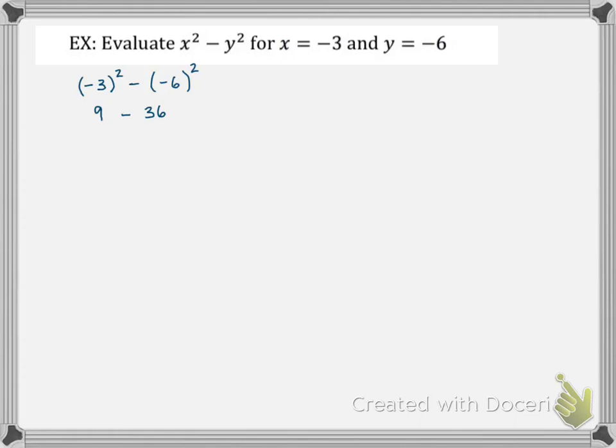Remember that we always evaluate exponents before we perform subtraction. So if we were to make the negative and the negative into a positive, that would be doing the subtraction first. So that's why we square this -6 first, and then we get, what is it, like negative 27?